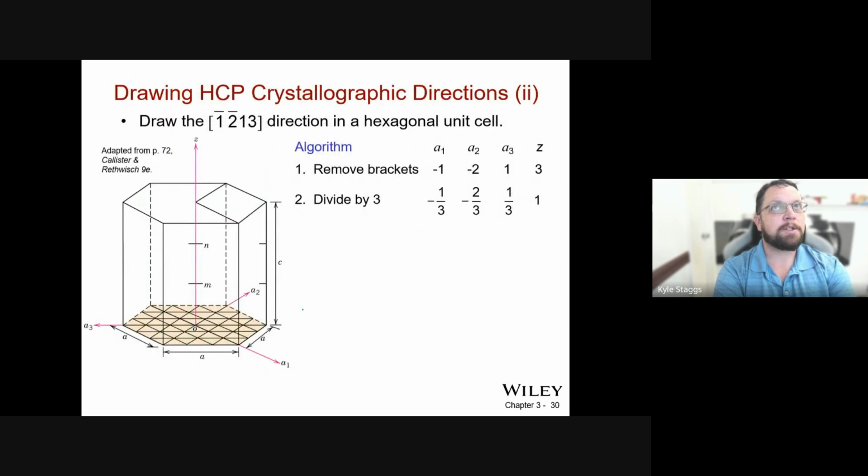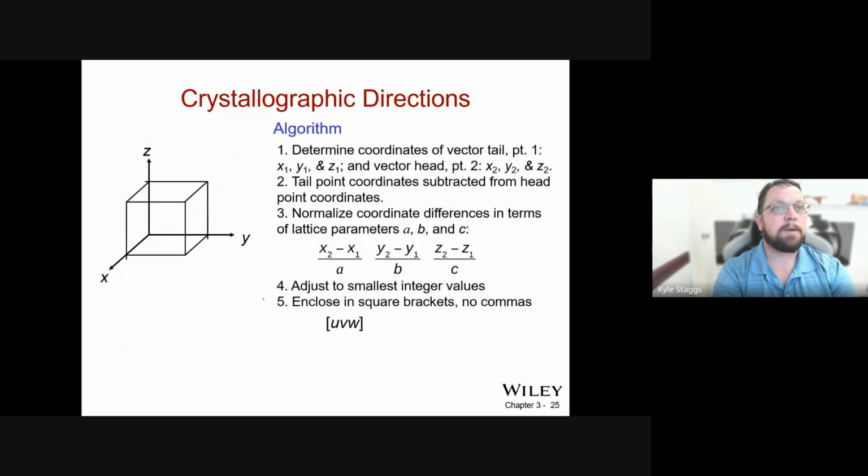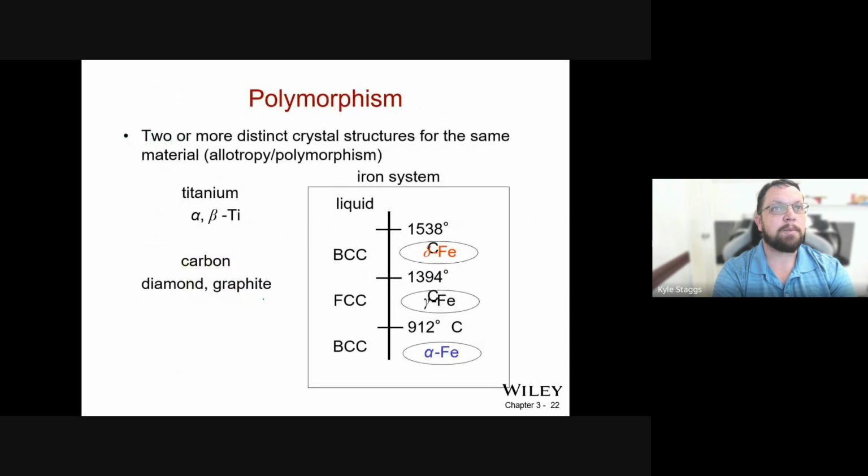So this is all direction. Linear density is the number of atoms per unit length of a direction vector. So iron, if we're calculating that, this is a good example. The linear density, let's find iron because I think we used that in one of the examples.